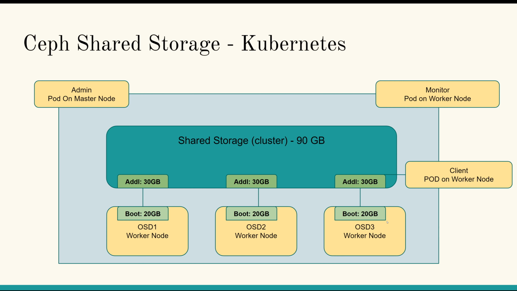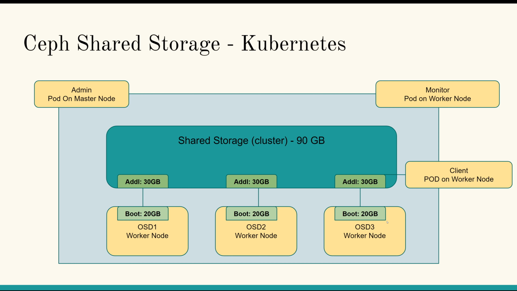In my example, I have a Kubernetes cluster with 5 different nodes. One of them is a master node, and I have 4 other worker nodes. Out of the 4 worker nodes, 3 of them have additional storage attached to them. The boot volume obviously has to be there for the operating system to boot on these 3 worker nodes, and on top of it, I have bare raw disks attached as well.